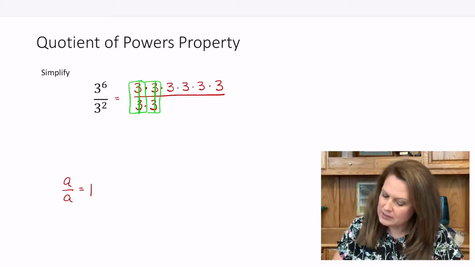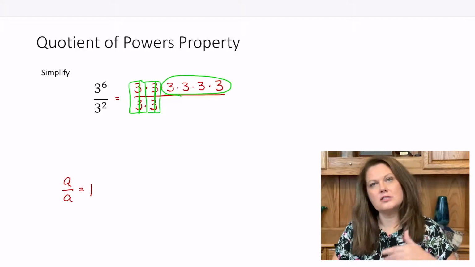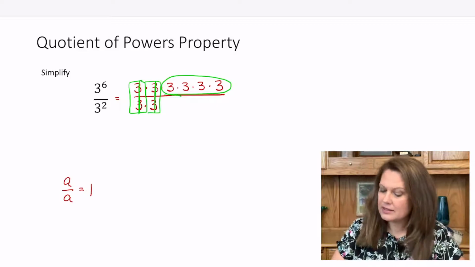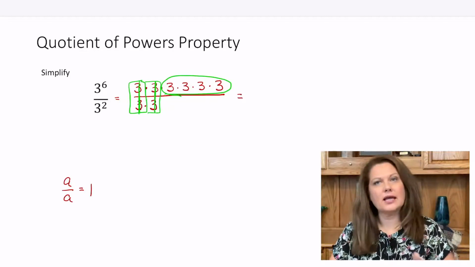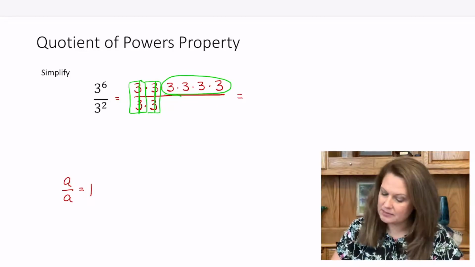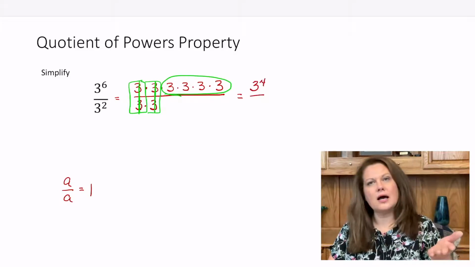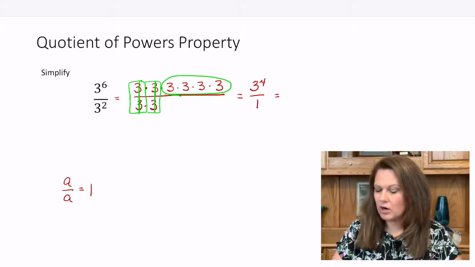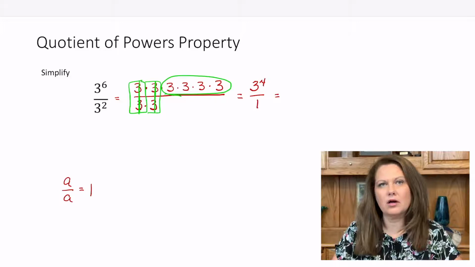So you'll notice, I have 4 3's left. You'll also notice that they're in the numerator's position, and that's going to become a factor in later work with exponents. So that's going to be 3 to the fourth power. In our denominator, we have 1 times 1, which is 1. So our answer is 3 to the fourth power over 1.